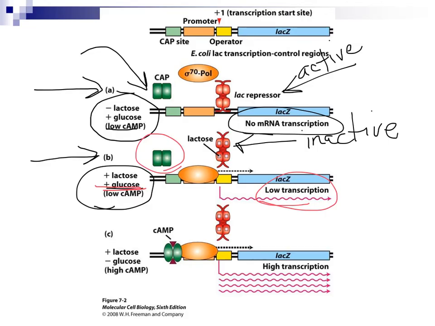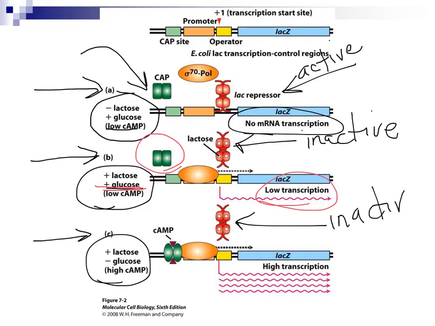Now the last condition, over here. Now you have high lactose, but no glucose. In this particular case, we have an inactive repressor due to the presence of lactose.